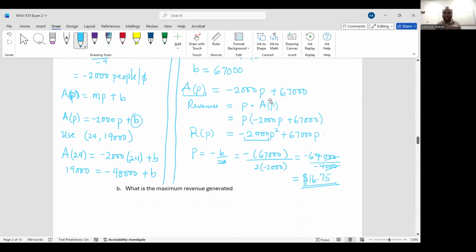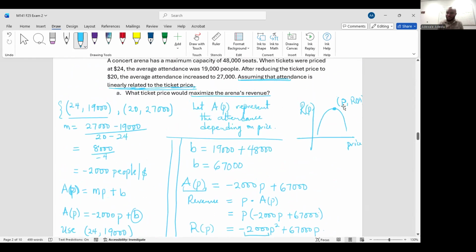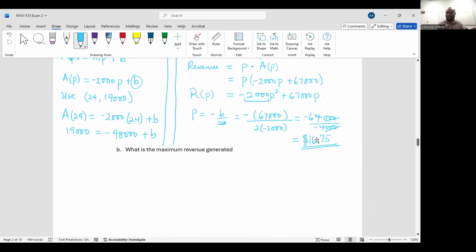We've already modeled this using this, so we just put it there and expand. And now we have a quadratic. If this is negative, it is going to behave this way, and we have a maximum here. When we have the maximum, the price is the input. So that would be the price that gives this maximum revenue, right, guys? And that price is 16.75.